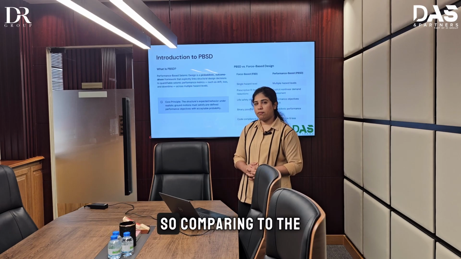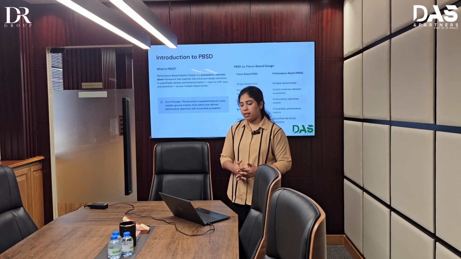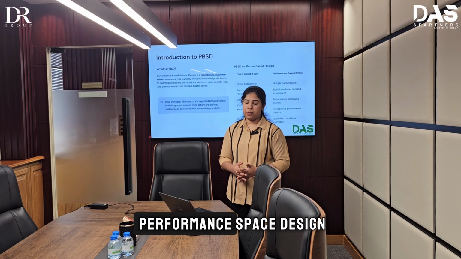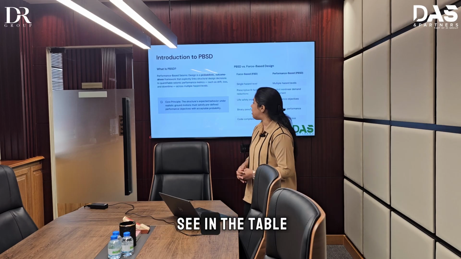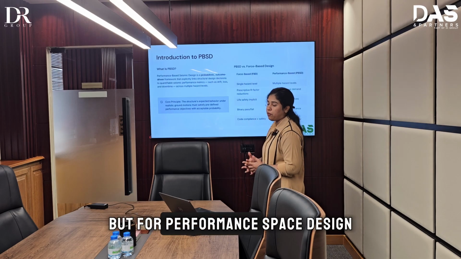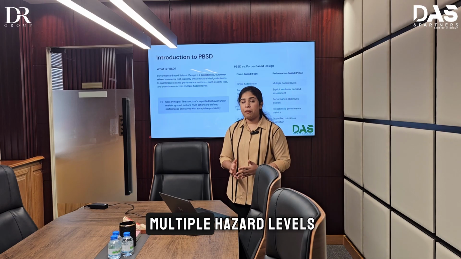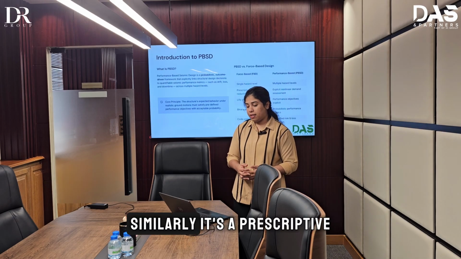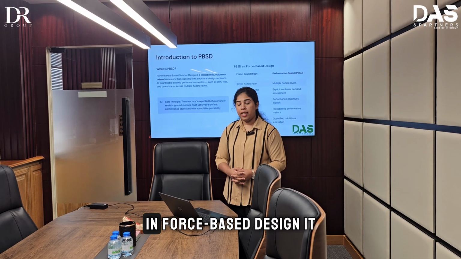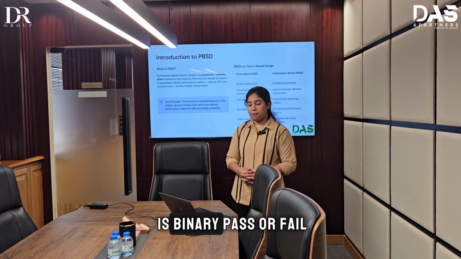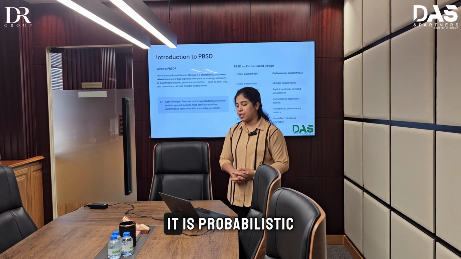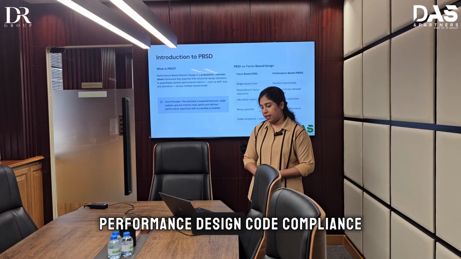Comparing to the general design, what is the difference between the general force-based design and performance-based design? As you can see in the table, force-based design uses a single hazard level, but for performance-based design, we can go with multiple hazard levels. Similarly, force-based design uses prescriptive R factor reductions and is binary pass or fail, but performance-based design is a probabilistic performance design.